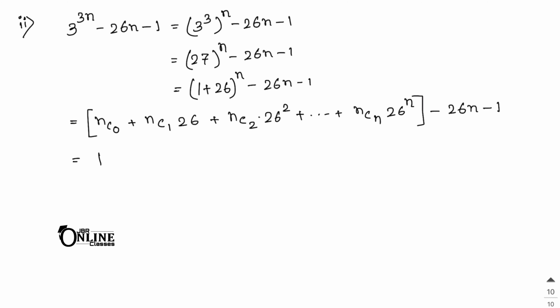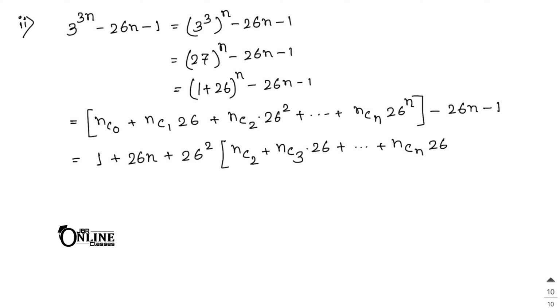So as nC0 means 1, nC1 means n, so it is 26n, and for the next one, if you take 26 square common, it will be nC2, after that nC3 into 26, dot dot dot, the last one will be nCn and then 26 to the power n minus 2, then minus 26n minus 1.